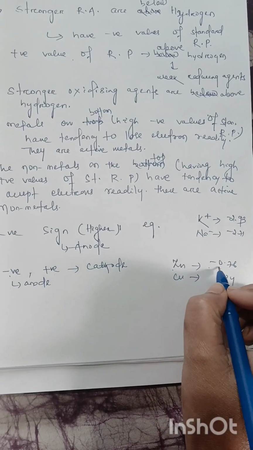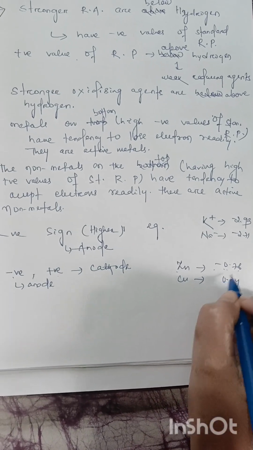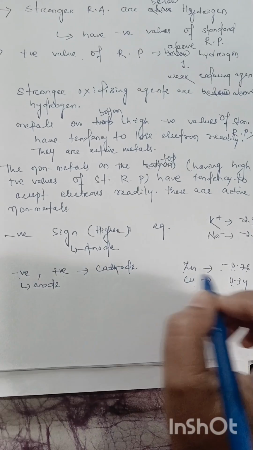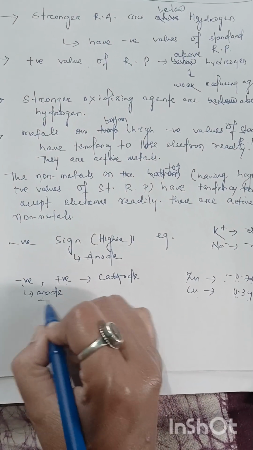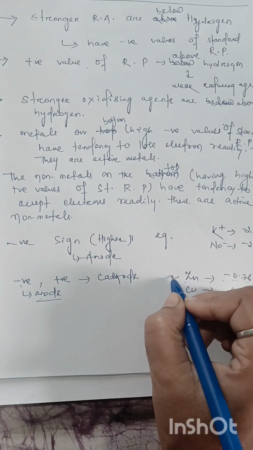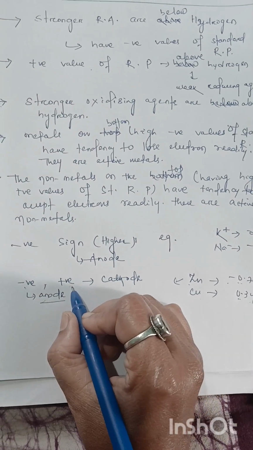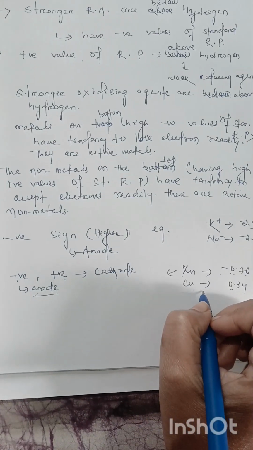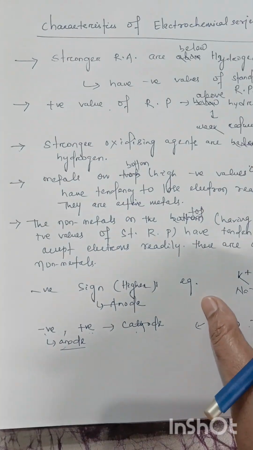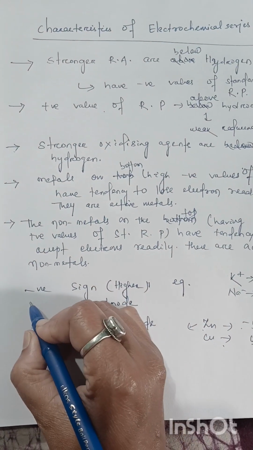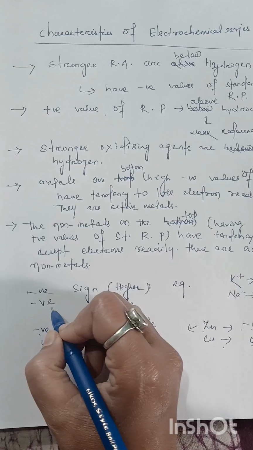Zinc has minus 0.76. Copper has 0.34. What I said is that the one with the negative value acts as the anode. So here zinc is the anode, and the positive value is copper, so it is the cathode.